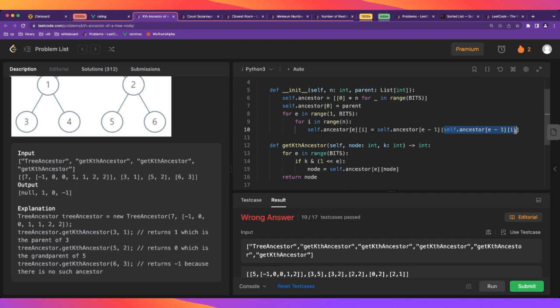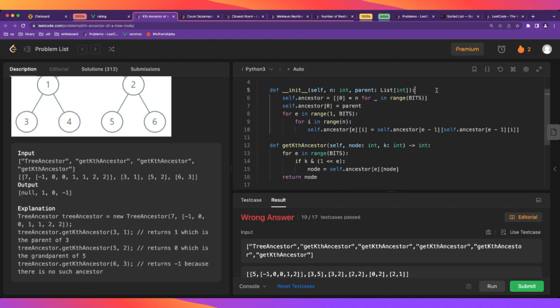Maybe we can add like a special node, node n, and make that the parent of the root, and then if we get that as a result, we change it by -1.